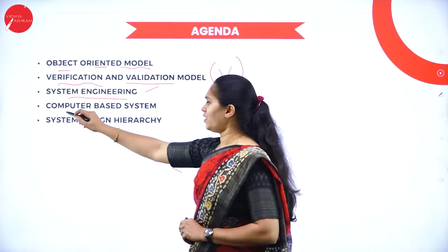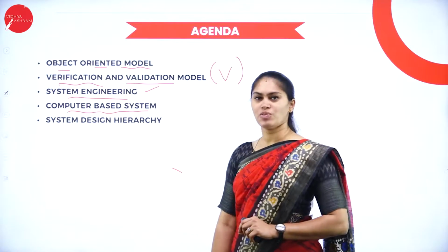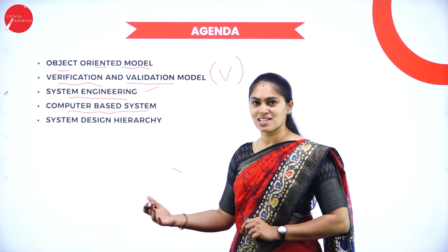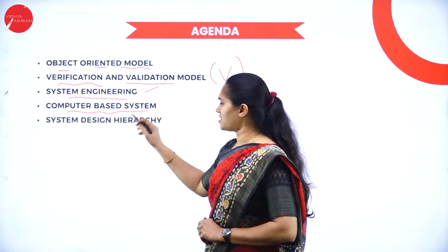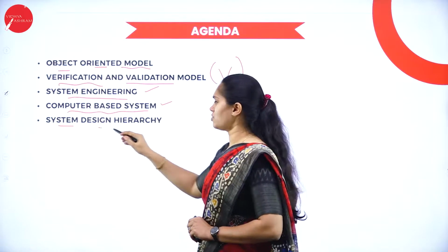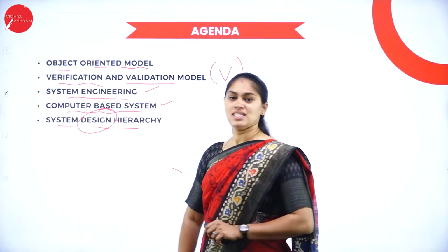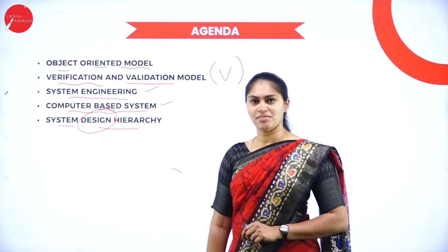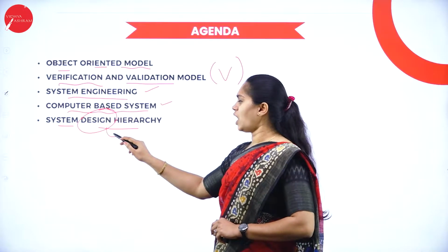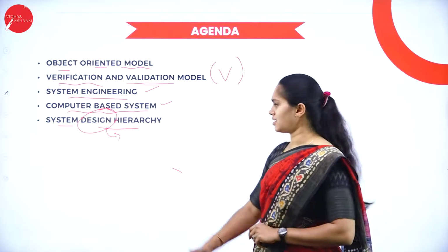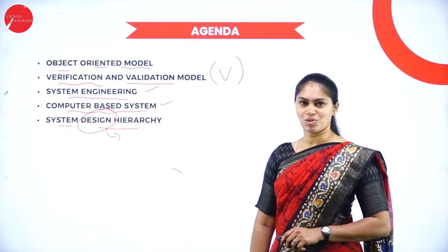We'll see that now, and also computer-based systems, which are systems based on computer technology, tools and techniques. We also have the system design hierarchy. The design part is one of the stages in an SDLC. How complexity can be reduced, and what methods we have in the design hierarchy, we'll see in today's session.